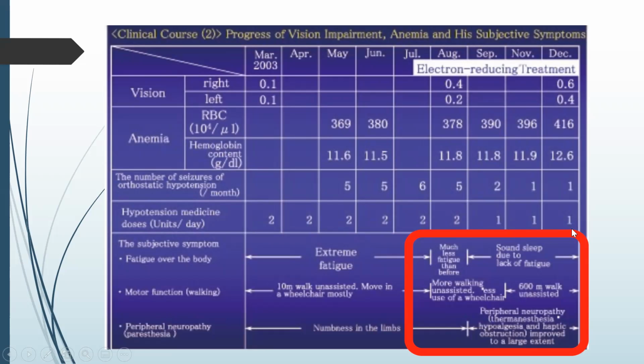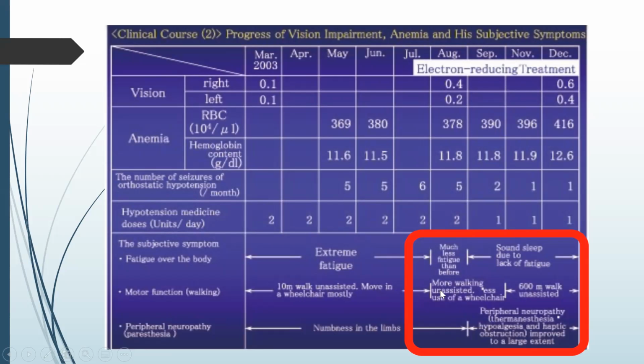The bottom here is all the mobility. Initially he could not move, he needed a wheelchair, and he felt numbness in the limbs. But after 5 to 6 months of usage, you can see he can sleep well, and he slowly improved his walking. At first he needed a wheelchair and could only walk 10 meters unassisted, meaning without anyone helping him.